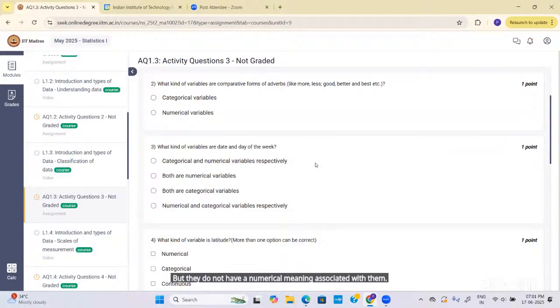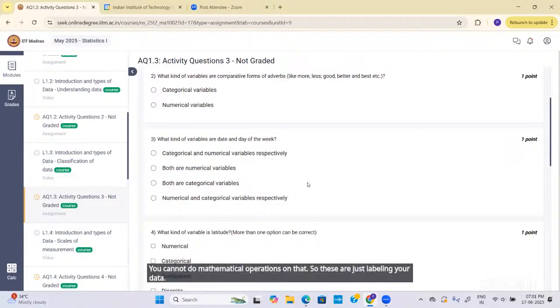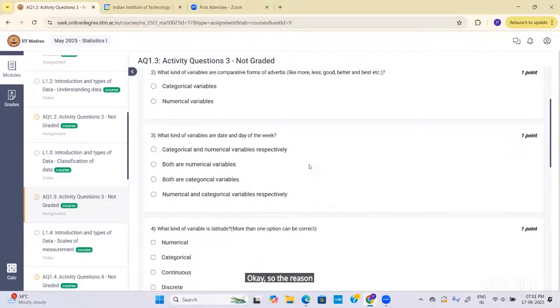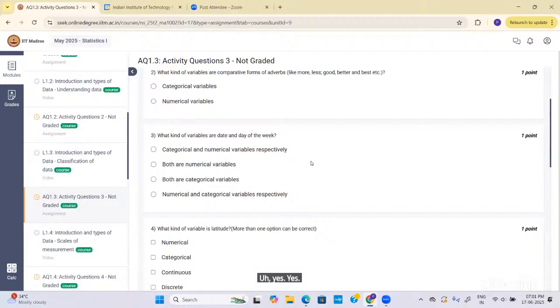So you cannot add 2 days, like the summation of 21st June and 22nd June. You cannot do mathematical operations on that. So these are just labeling your data. Okay, so the reason is that we cannot do mathematical operations, so it is also categorical. Yes, it is categorical and nominal.